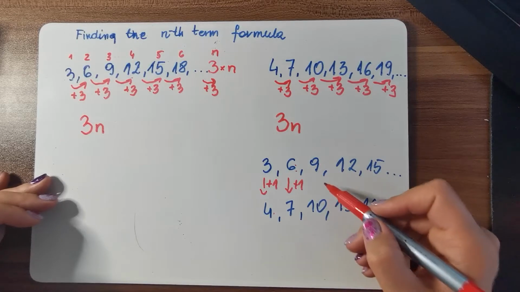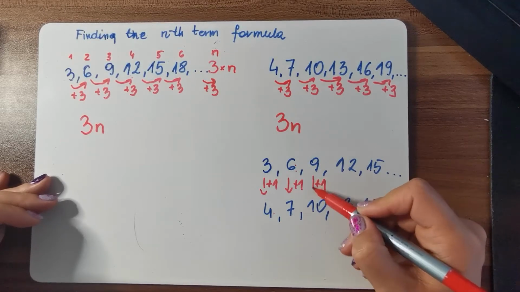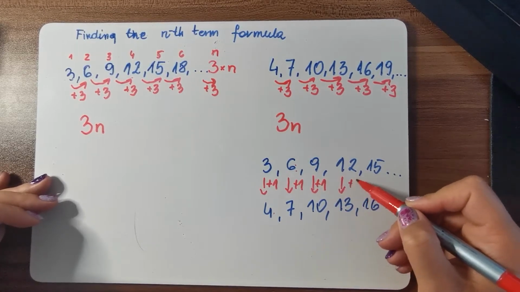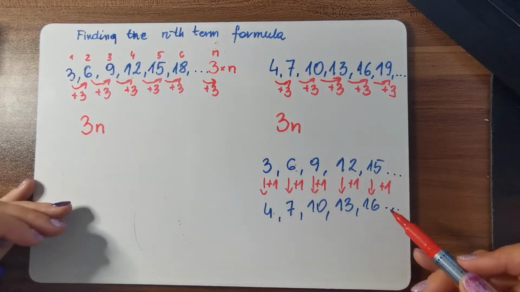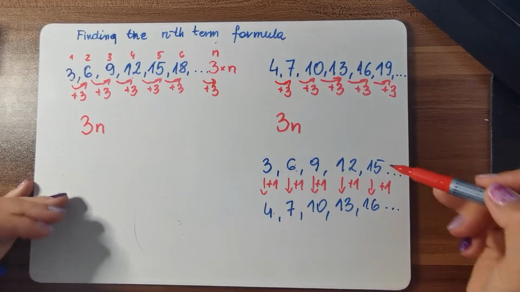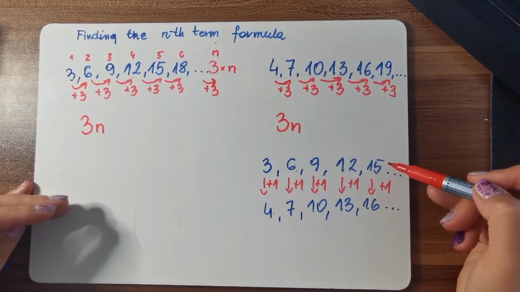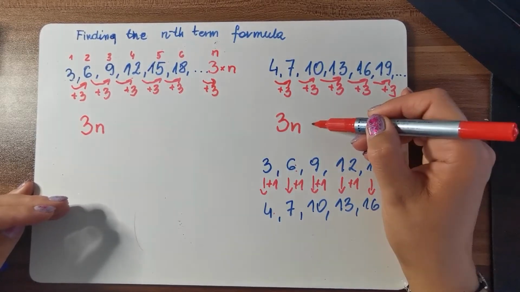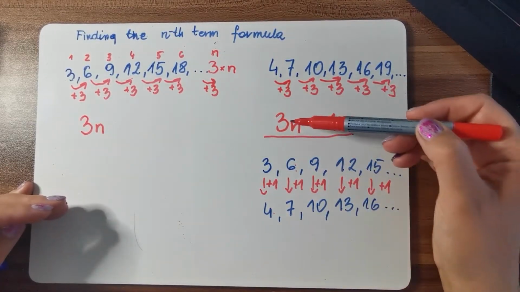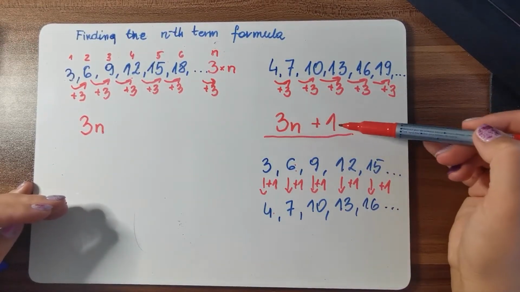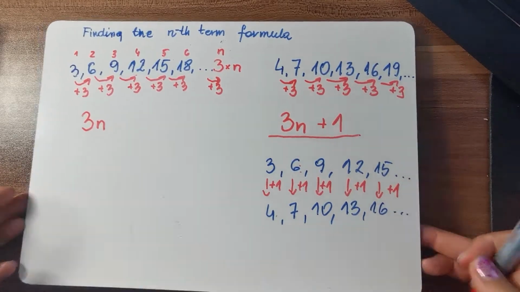From 9 to 10, also add 1. So actually, to get any term in our sequence from the 3 times table, I need to add 1. So the nth term formula will be 3n plus 1.